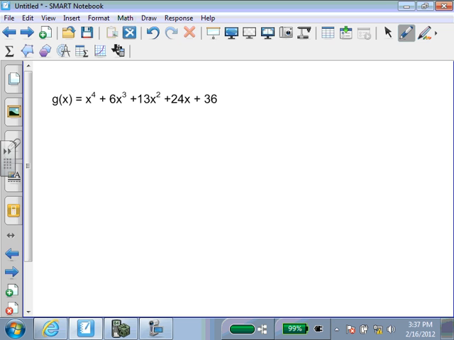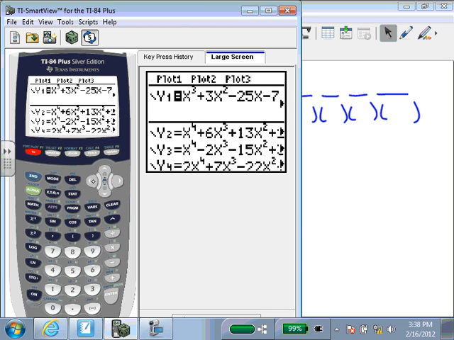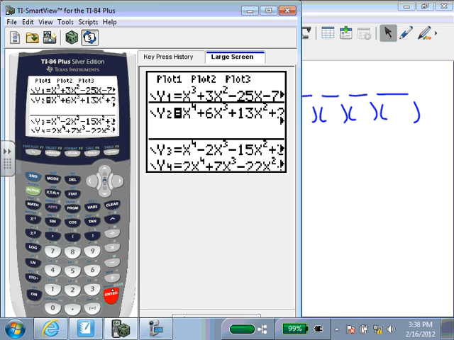The answer to the question, how many zeros will I get, is 4. Which means that I will have 4 factors. And although I'd love to think I could factor that, I don't think so. So I'm going to turn this one off. And hopefully I typed these in correctly, so that when I turn this one on, I'll get the graph.